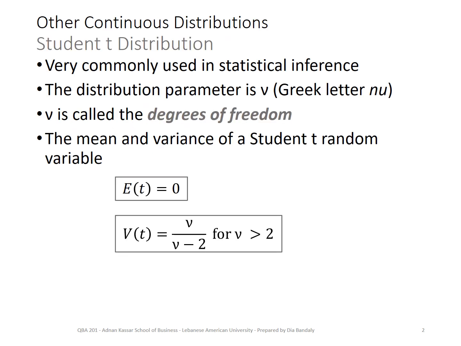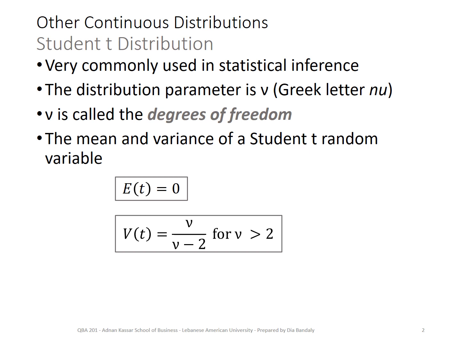Okay, the t distribution is also widely used, not as much as the z distribution is used, but it is also widely used. The t distribution has a parameter called the degrees of freedom. Also, I'm not going to really discuss a lot about that. All you have to do is know that this is the parameter of your distribution, and I'm going to show you that when we come to read the t table.